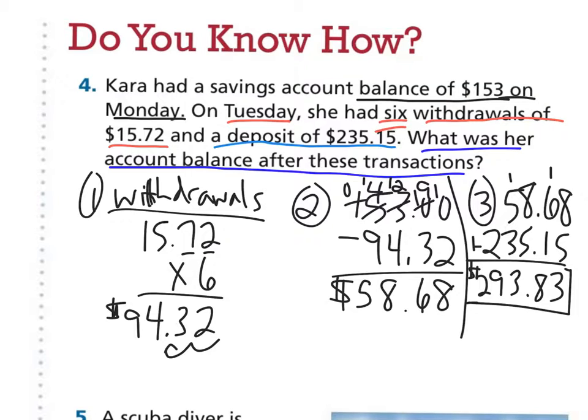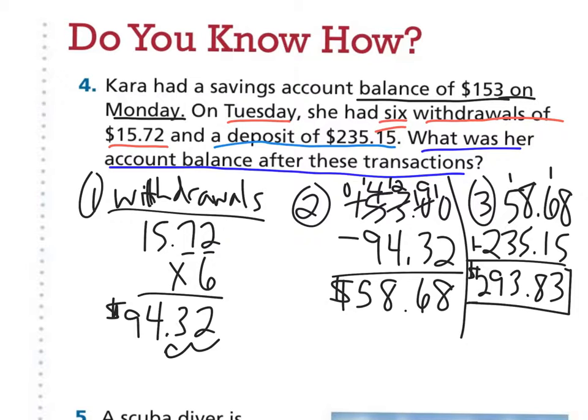Another way you could do this would be to go ahead and add your deposit to what your balance was. In other words, $153 plus the $235.15, and then subtract the $94.32. A third option you have would be to combine your deposits and withdrawals together.